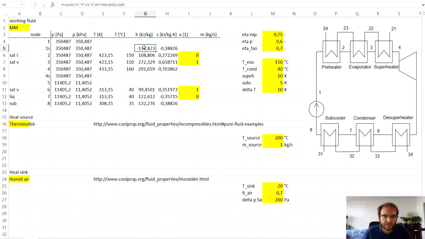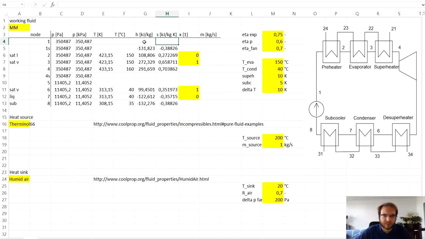Now you might find it kind of confusing or uncommon that the value of both enthalpy and entropy is negative. But for us as energy engineers, it's not the absolute value that matters, but it's always the difference in enthalpies or eventually entropies. And the enthalpy or entropy is defined with respect to some reference point that is arbitrarily given.